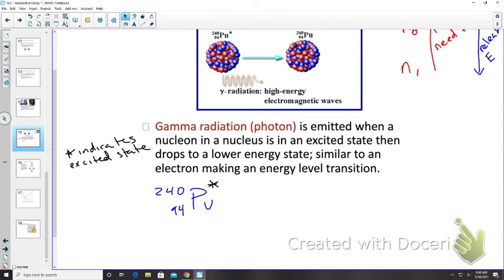And that is just going to emit a gamma ray, and we're still going to have plutonium because it's not emitting a proton or a neutron or anything like that. Plus a gamma ray. And it is no longer in an excited state after that. So a gamma ray is the emission of a high energy photon from a nucleus.